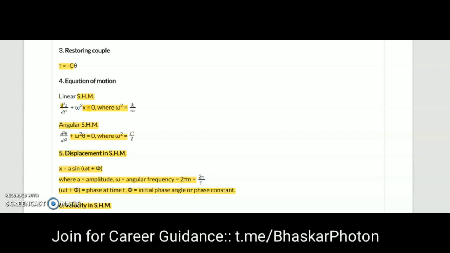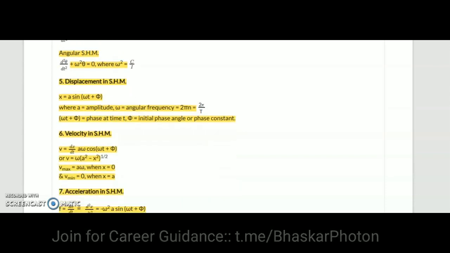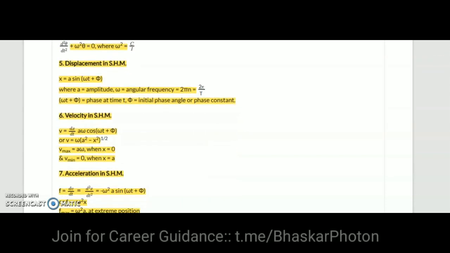And the displacement in simple harmonic motion is x is equal to a sine of omega t plus phi.